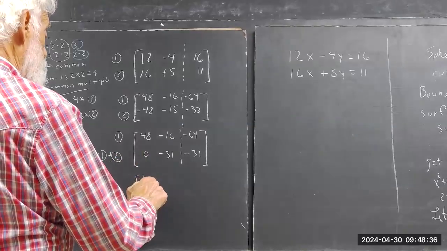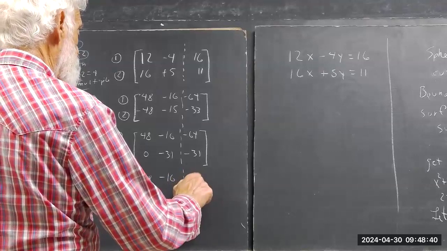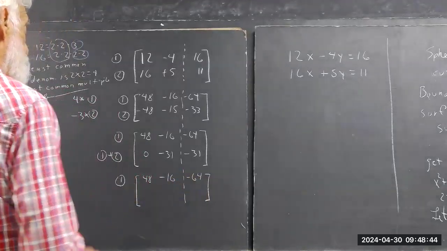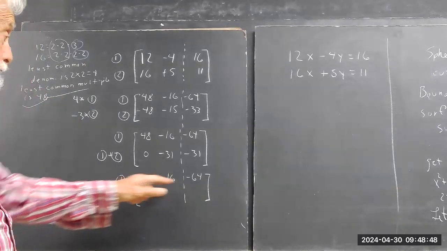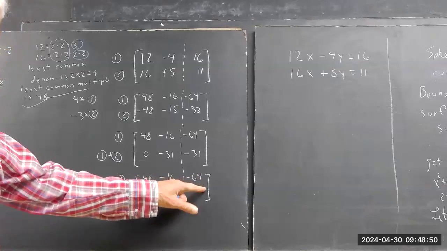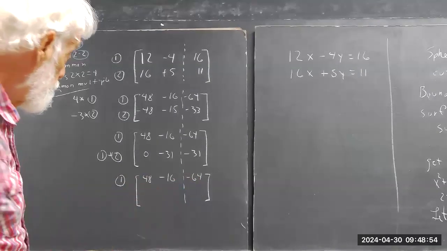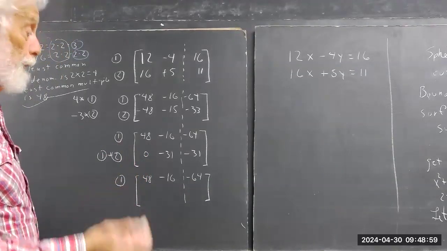So we've got 48, negative 16, negative 64. That's equation one. I will note that I could have divided equation one by 16 and gotten smaller numbers here. And that would actually be a good thing to do, but I don't want to confuse the issue with an extra step that's really unnecessary, although it's convenient.